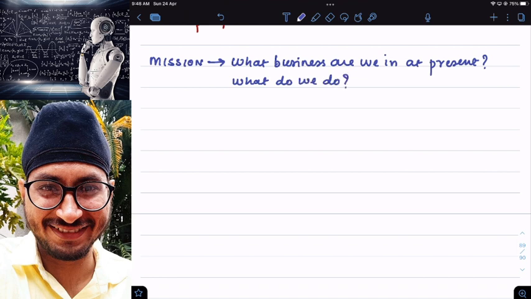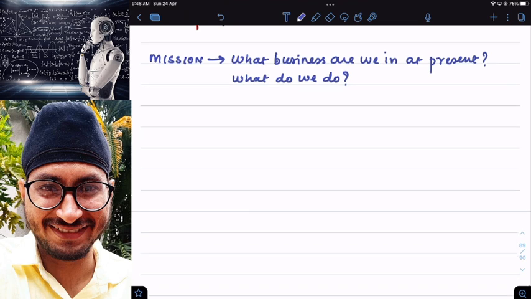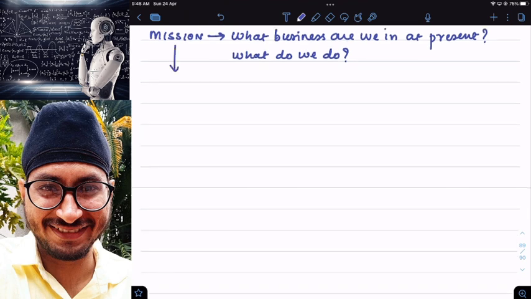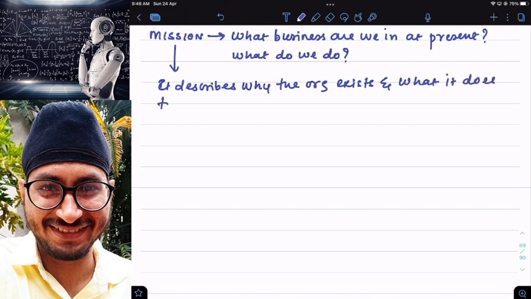So can I say in simple words, if I want to write mission, mission describes why the organization exists and what it does to achieve its vision. Simple. So mission will help me to achieve my vision.